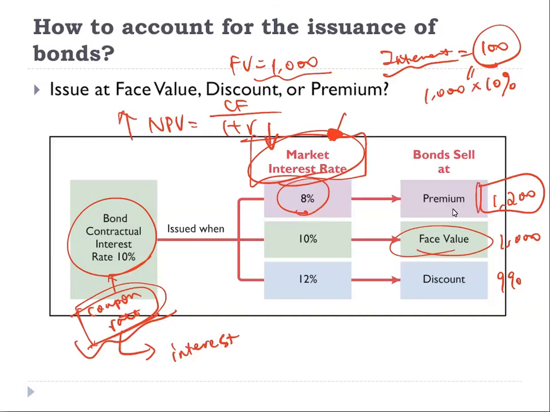So that's why we can sell it at a premium. However, when this goes up, net present value goes down. That's why we sell it at a discount. So this is just a very simple explanation. There's some mathematical proof there, which is beyond this course.